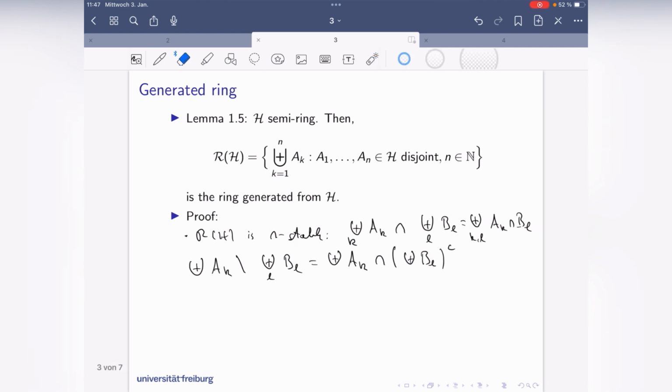Well, this I can write differently, using intersection and complement.